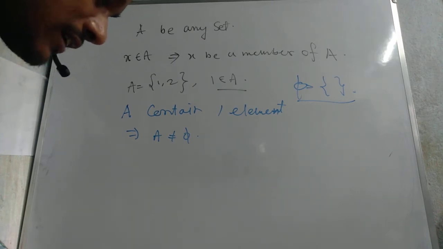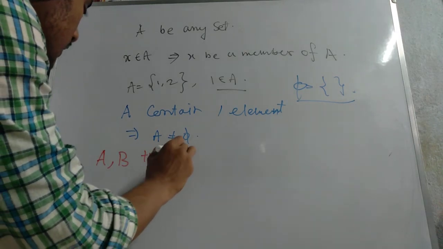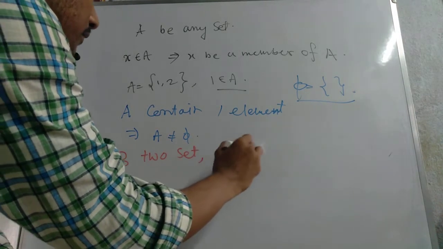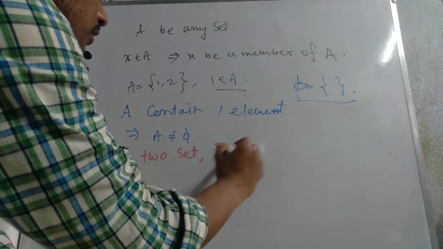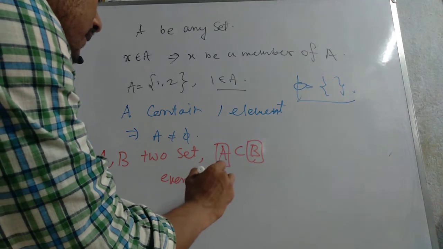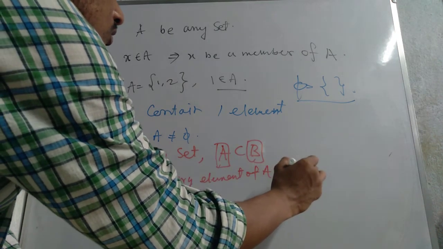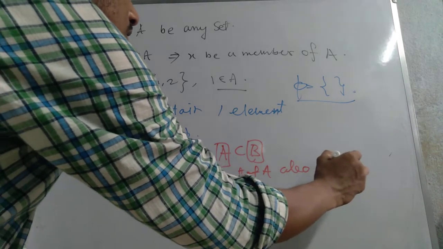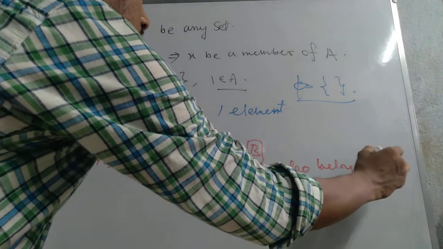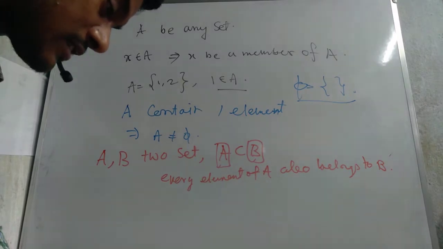Next we're going to subset. We know about that. That means A and B are two sets, then A is a subset of B. When A is a subset of B, that means every element of A also belongs to B. Then A is a subset of A. Next, proper subset.